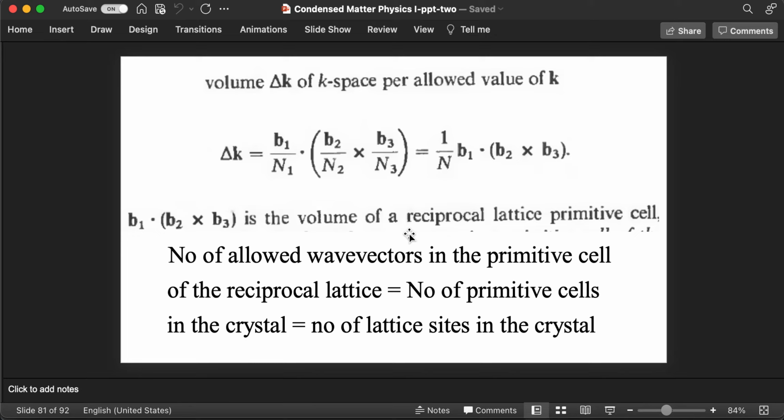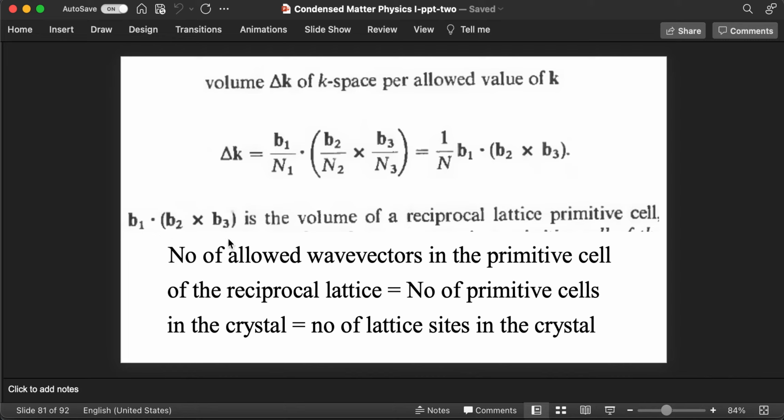Or if I assume that there is one lattice site per primitive cell, then the number of allowed wave vectors in the primitive cell of the reciprocal lattice is nothing but the number of lattice sites in the crystal. And that's a very important result which we will keep applying later.